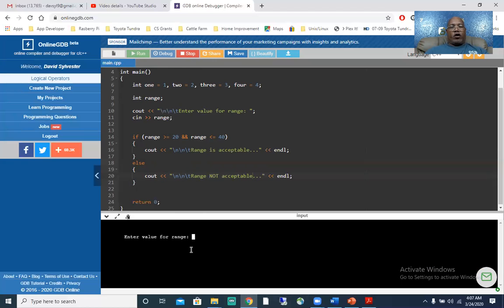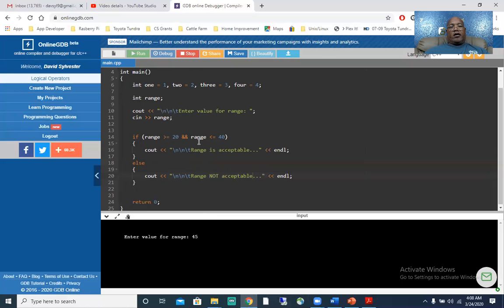Okay. Now, the same difference if I run it again and I put something greater than 40. I can put 41, I can put 100, I can put 1,000, but anything greater than 40. So I'll put in 45. So is 45 greater than or equal to 20? Yes, that's true.